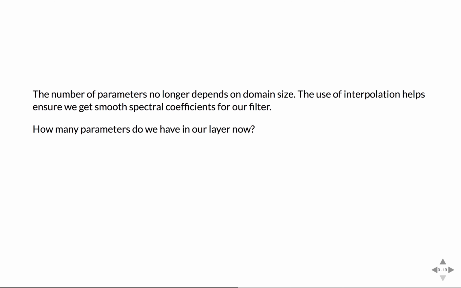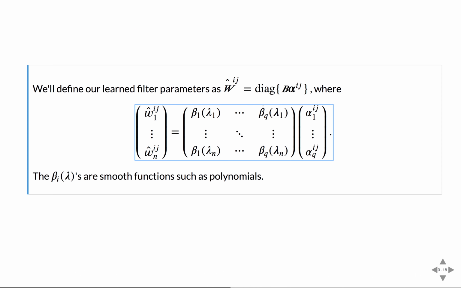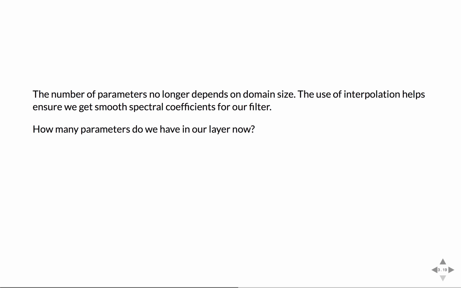The first advantage now is that the number of parameters does not depend on the domain size, and we're using interpolation. We're interpolating over these eigenvectors to get our filter parameters, so we get something smoother. We don't have the same number of degrees of freedom, so we can't insert these very high frequencies as easily as before.